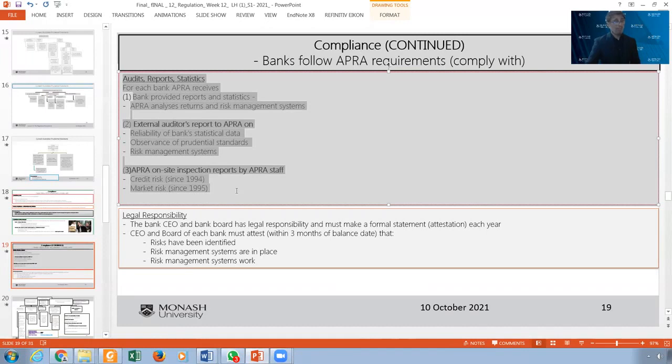So for the regulator, they know what's going on because they receive all those types of reports. Now, there is a legal responsibility for the CEOs. When you take over as a CEO in a bank, you have to undertake statements saying that the risks have been identified, the risk management systems are in place, and the risk management systems are also working.